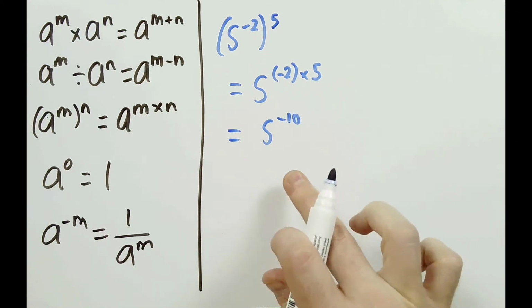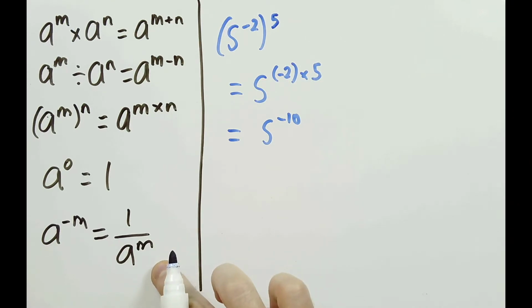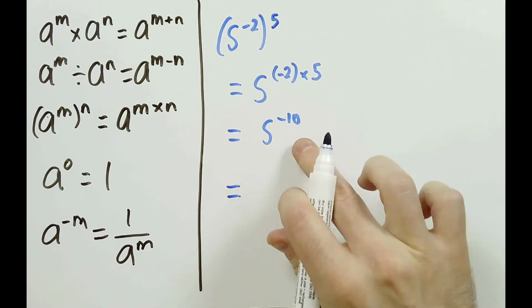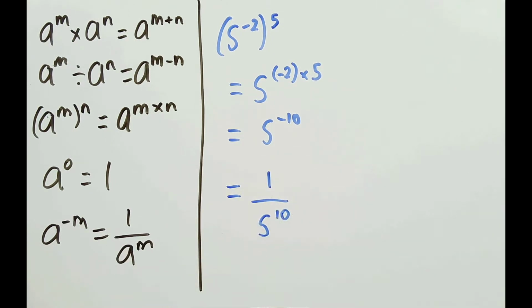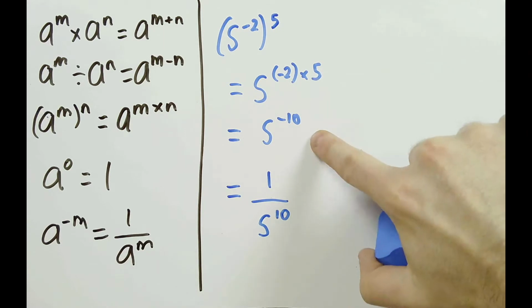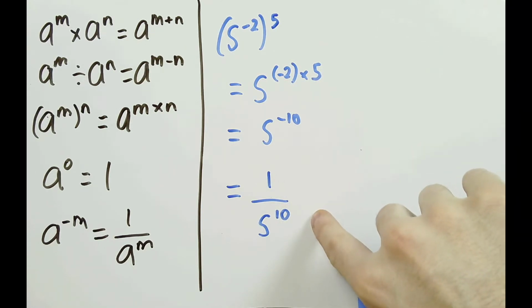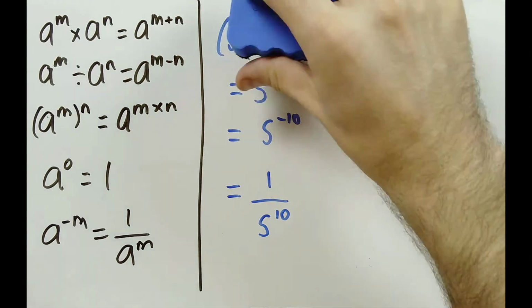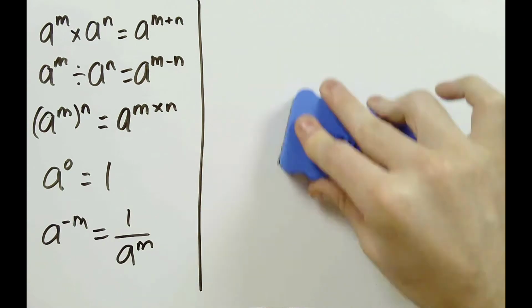So we can stop here if we like, or we can also use our fifth index law to get rid of the negative index and represent this as 1 over s to the 10. Depending on the equation you're solving or the context of the equation, it may be better to leave your result as s to the negative 10, or it may be better to put it in the denominator of a fraction. So that sort of depends on context. But both are correct. Both are in simple forms.